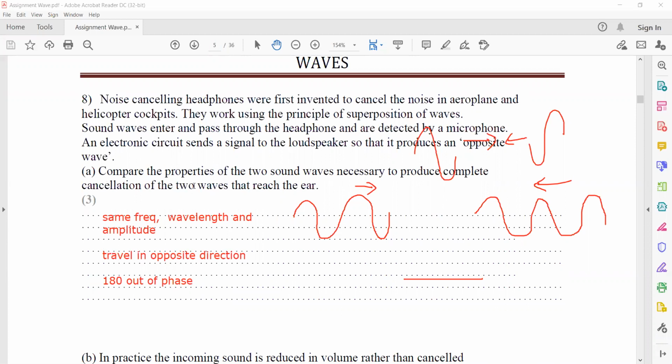These are the properties which these two sound waves must have to completely cancel out the effect of each other.